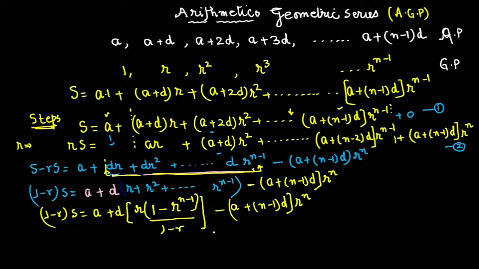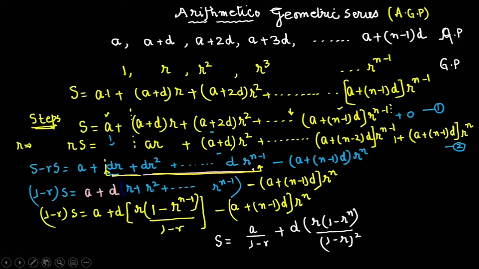So S is equal to, the sum of AGP is, a upon 1 minus r plus d r into (1 minus r to the power n minus 1) upon 1 minus r, divided by 1 minus r, it becomes whole square.